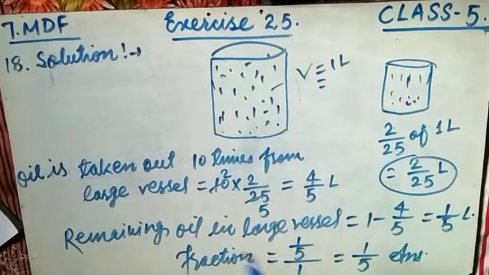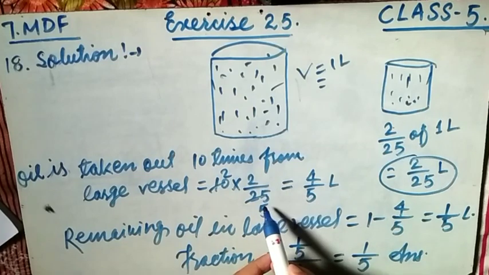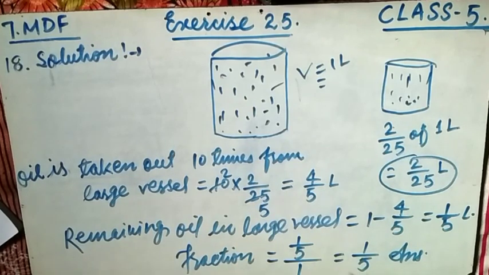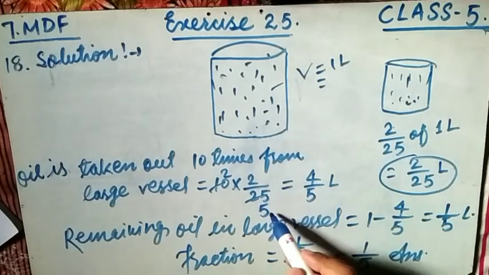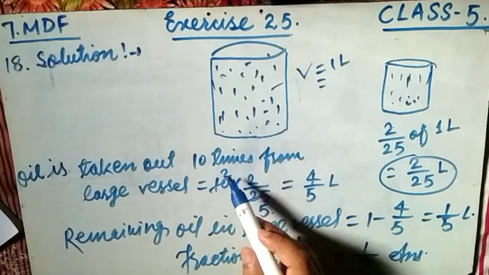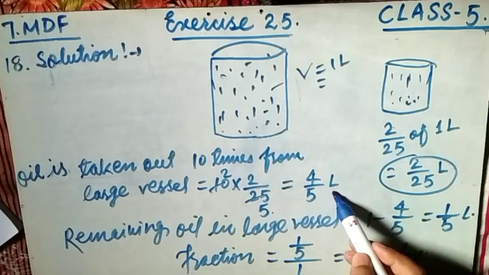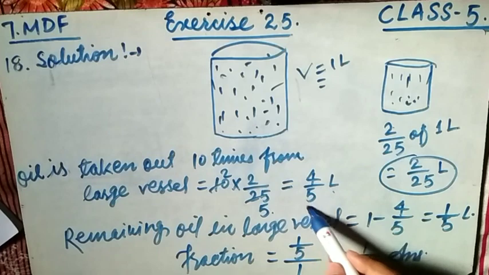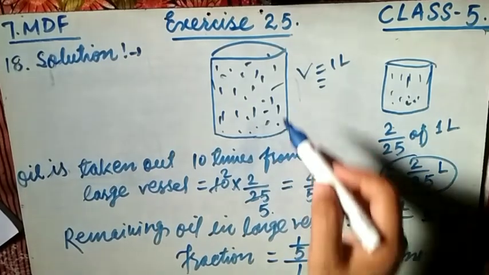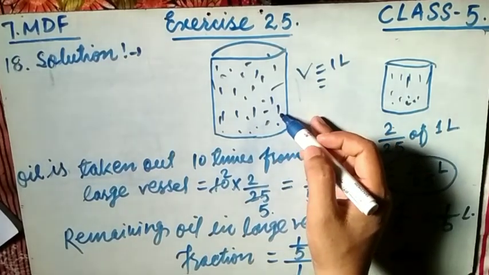Okay, now 10 multiplied by 2 by 25 from the large vessel. This becomes 5 into 25, and 5 twos are 10. 2 multiplied by 2 is 4, and 5, so 4 by 5 liter. Okay, now this oil is taken away from this larger vessel.